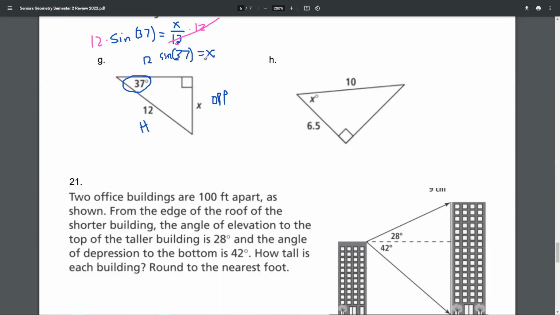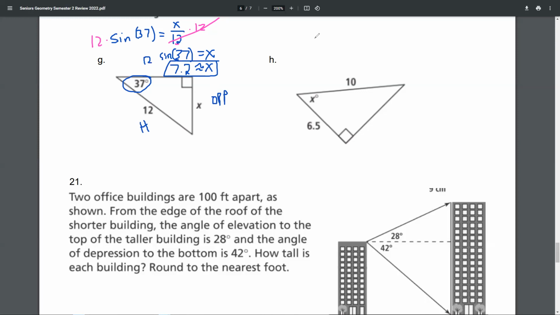I'm going to put that in my calculator. 12 sine 37, and I get approximately 7.2. Smaller than my hypotenuse, so it's probably pretty good.